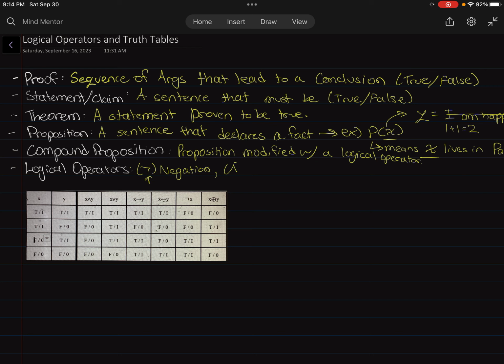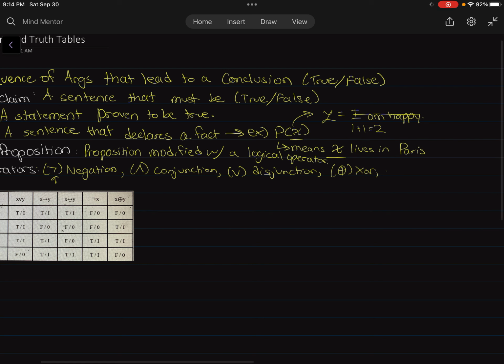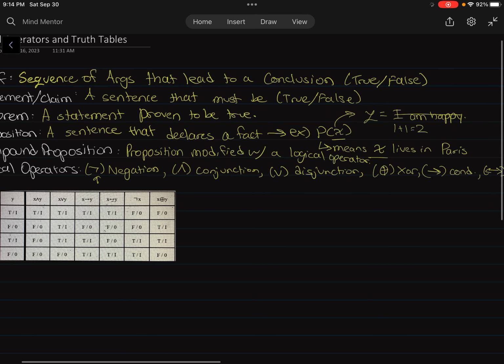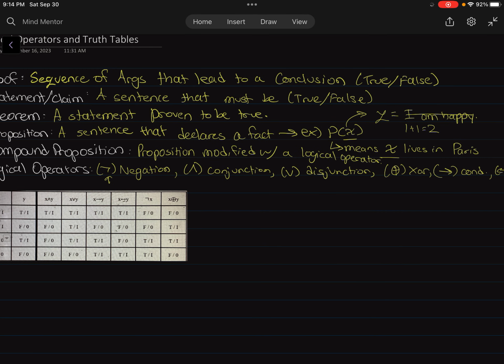And then we have the conjunction, the disjunction, the exclusive or, the conditional, and the biconditional, which is the double-headed arrow. And these are pretty straightforward. You should already be familiar with these, but if not, it's fine. We can go over an example.